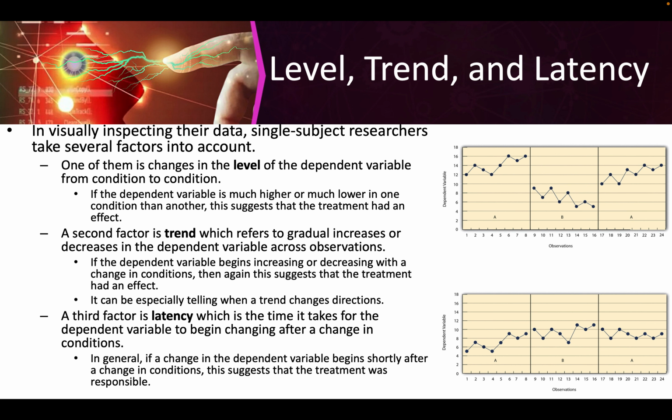A second factor is trend, which refers to gradual increases or decreases in the dependent variable across observations. If the dependent variable begins increasing or decreasing with a change in conditions, then again this suggests that the treatment had an effect. It can be especially telling when a trend changes directions.